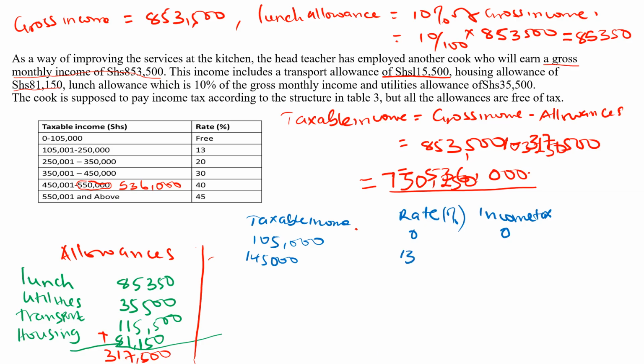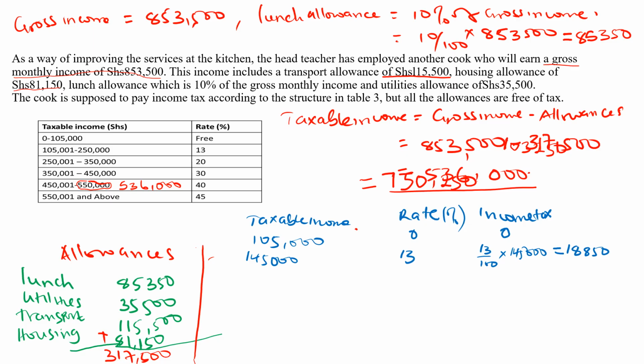Now here you'll come and you ask yourself, how do I get the income tax? You'll say 13 out of 100, then times 145,000. And here the answer that you'll get will be 18,850. Then here we have the second band from 250 to 350. There is now 100,000.